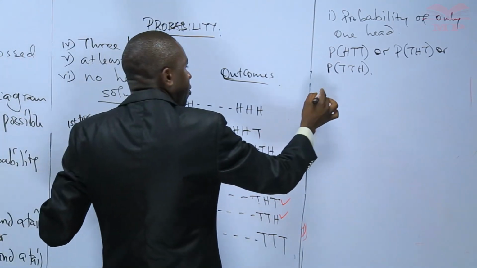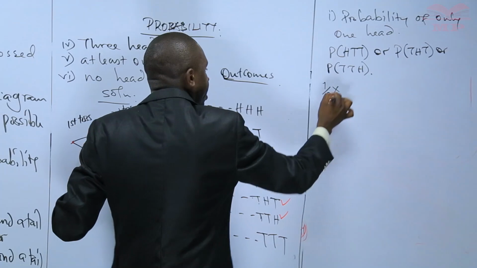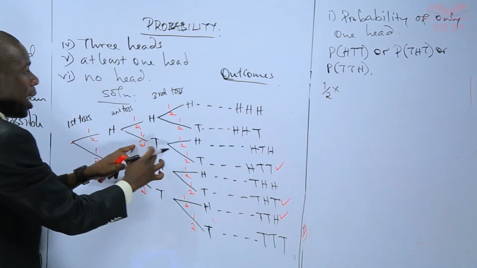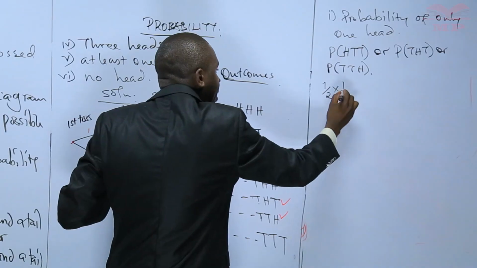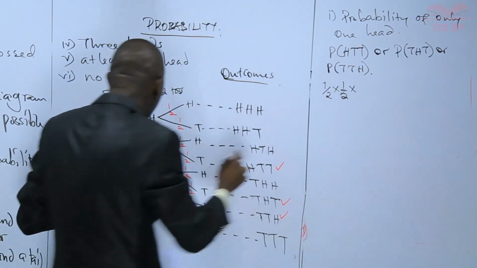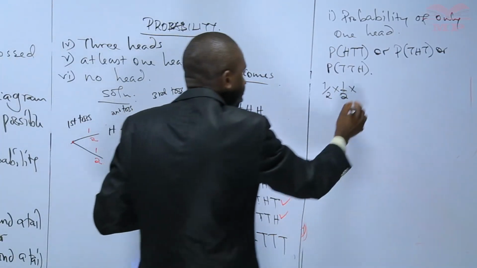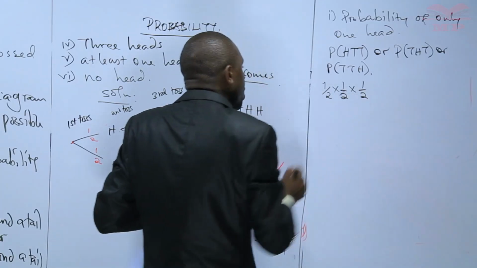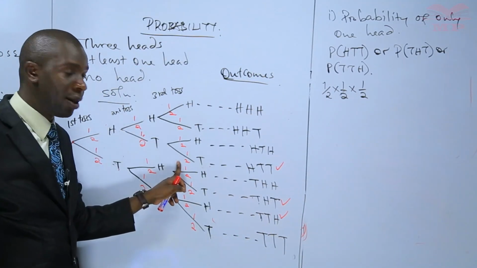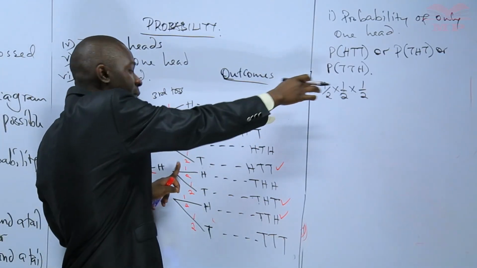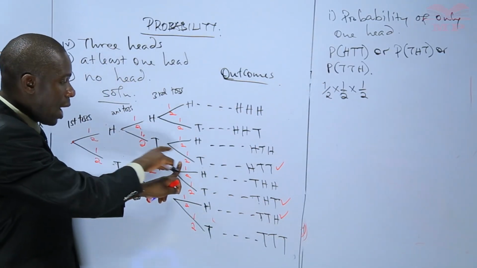That will be given by a half for the head, followed by a half, times, because this is and, followed by a half. Now, you have to know, along a branch we normally multiply. Even if you have problem remembering that, just know along a branch we are multiplying.